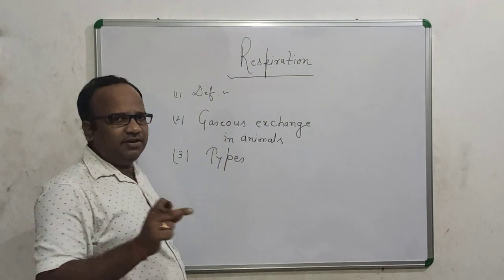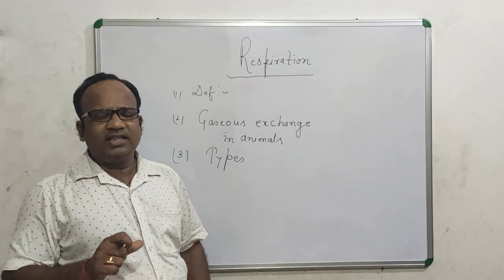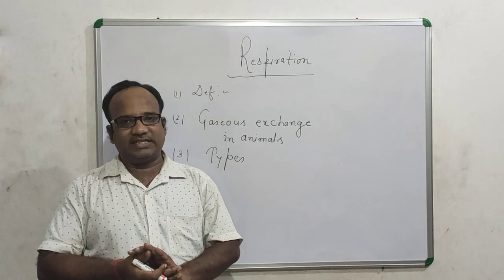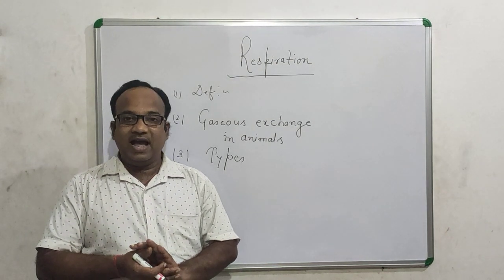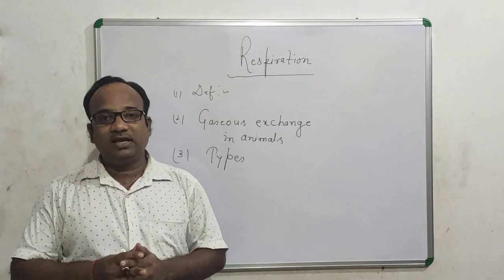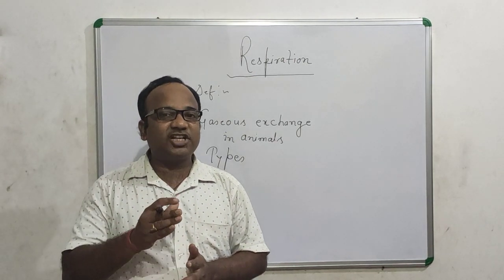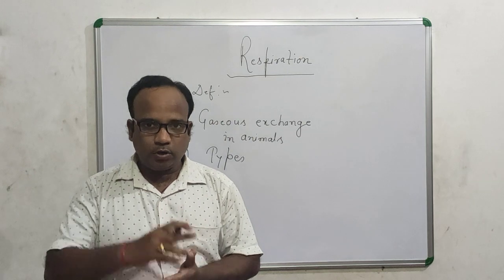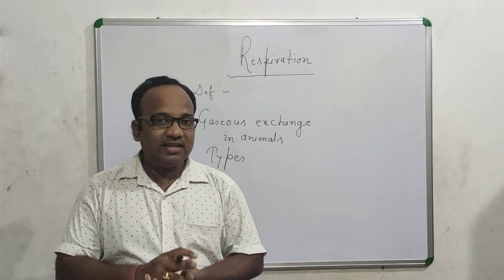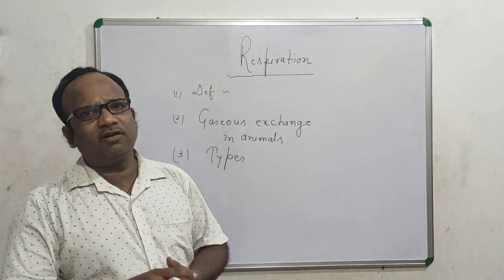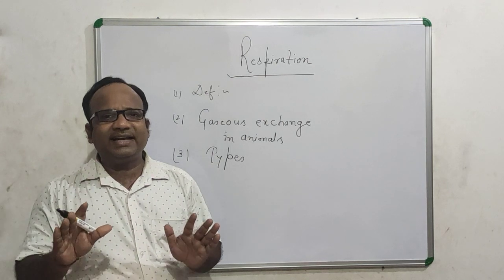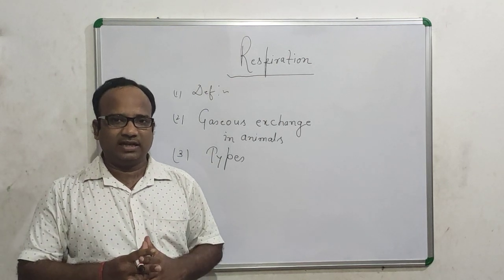It's a process in which the organism takes oxygen, and that oxygen is utilized in the oxidation of food molecules. In this case, the food molecule is the respiratory substrate.